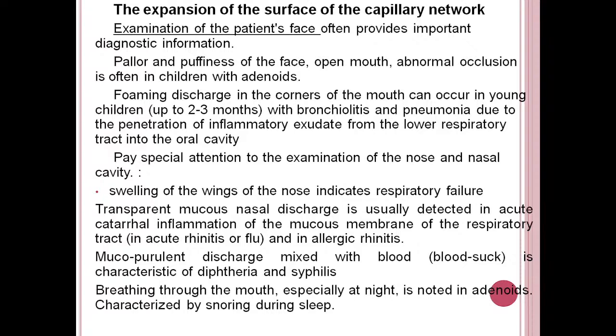The examination of the surface of the capillary network. Examination of the patient's face often provides important diagnostic information.